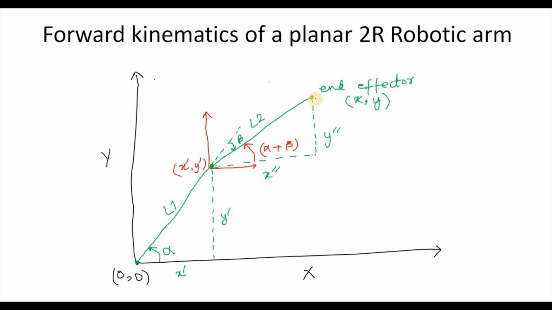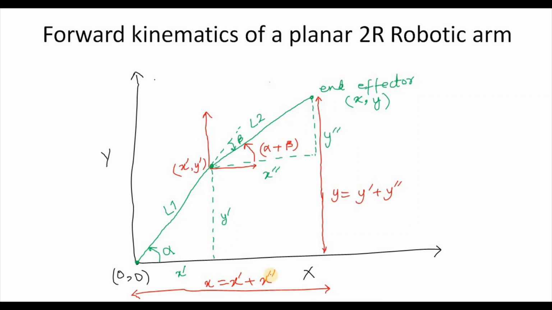So from here to here, this length, which is y, is equal to y dash plus y double dash. And similarly, this length from here to here, which is x, is equal to x dash plus x double dash.